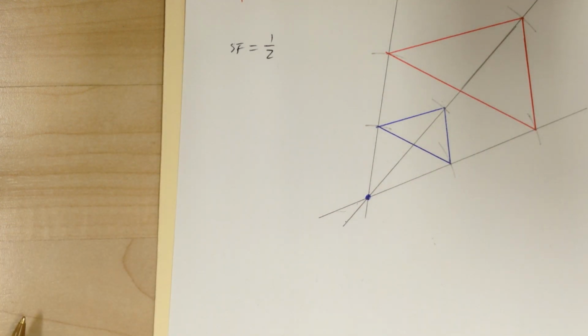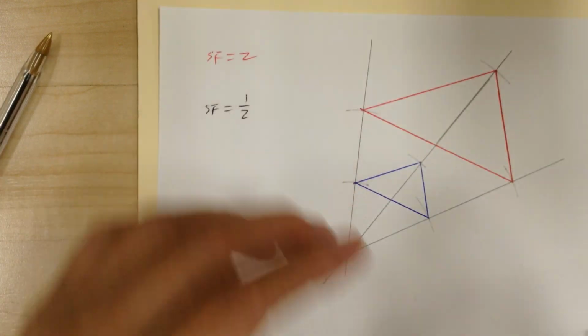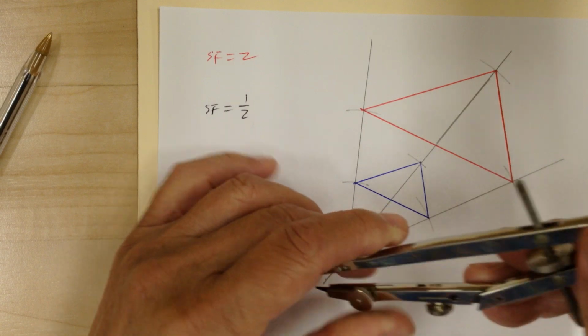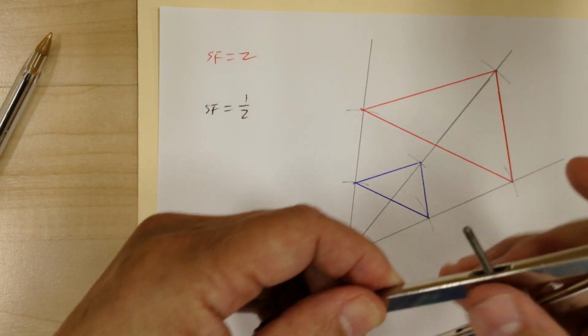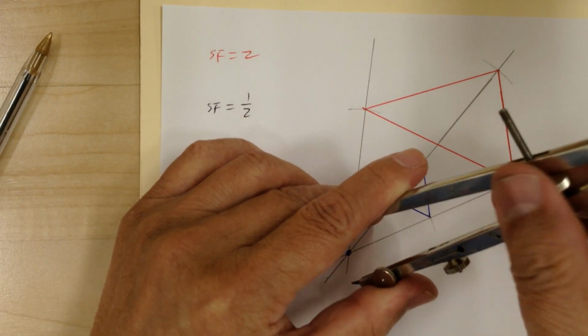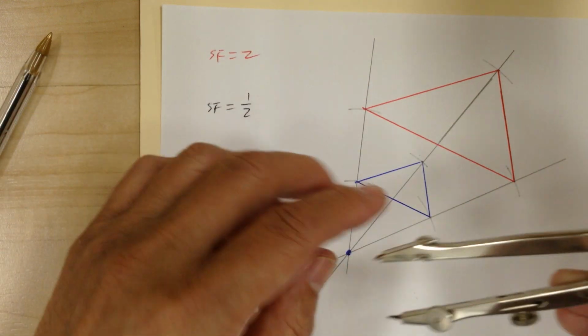But for the sake of time, we're just going to do 1/2, because 1/2 is much easier to do. Because with 1/2 you can just bisect this length. So let's go and do that. Let's bisect this over here.